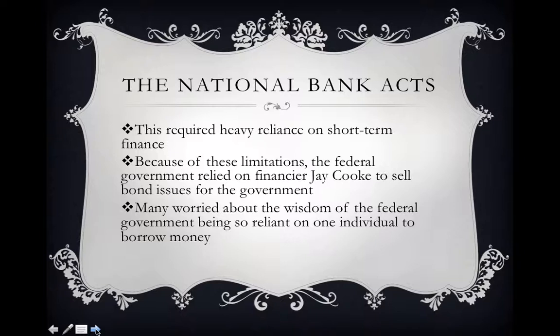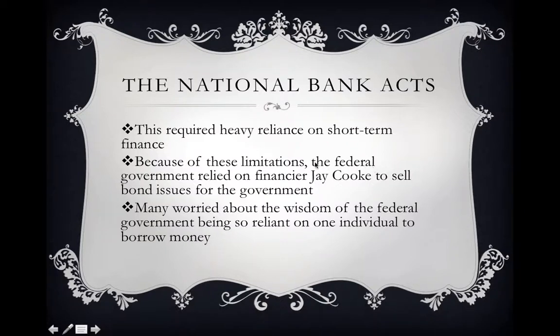All right. And the federal government also had to rely on some financiers to sell bond issues for the government. And there was some issue related to the fact, particularly Jay Cooke was a financier that they had to rely on, that the federal government shouldn't rely on a particular individual in order to sell bonds.